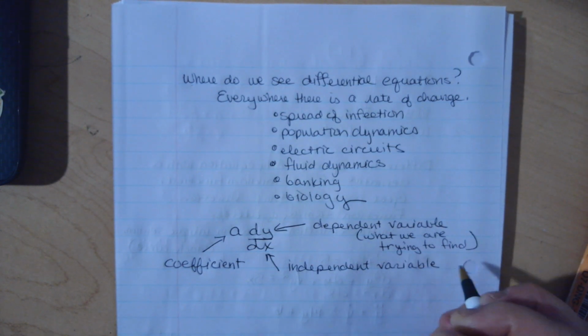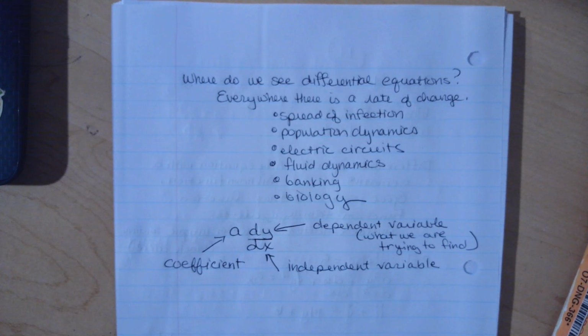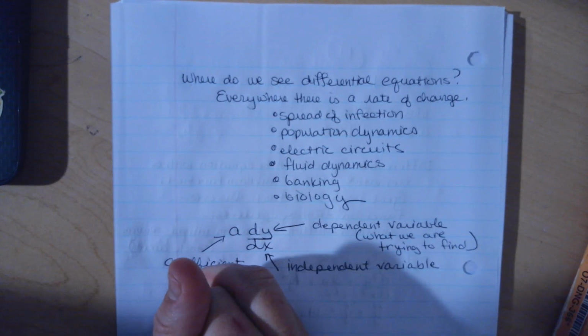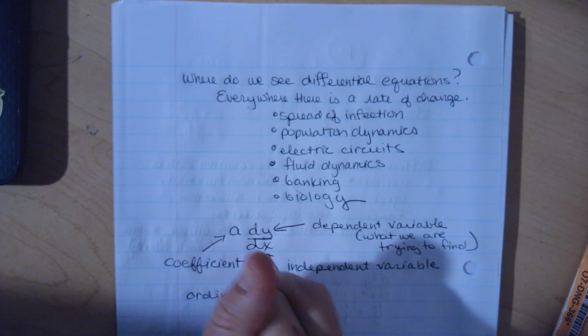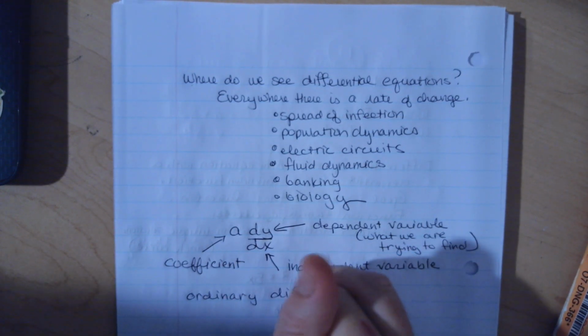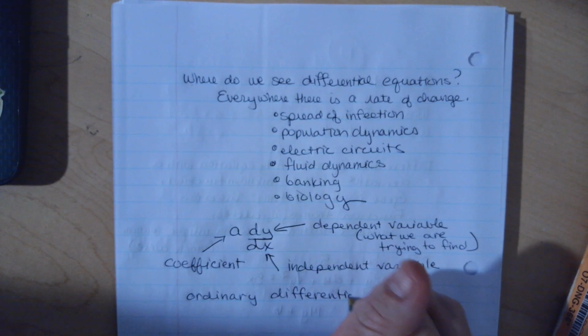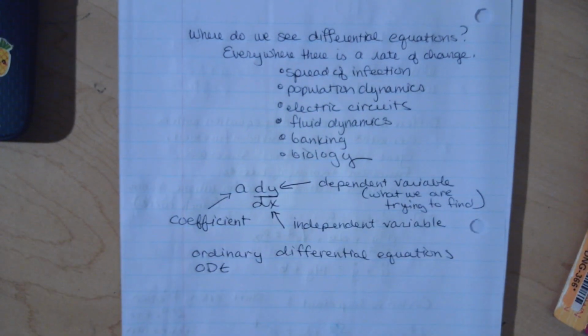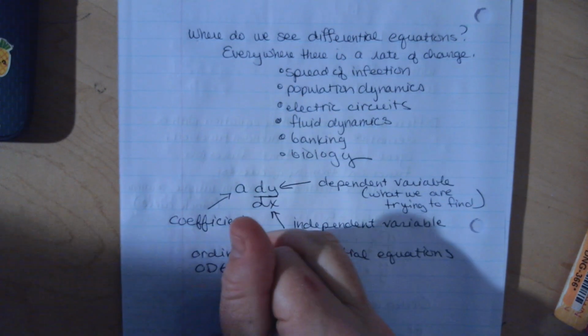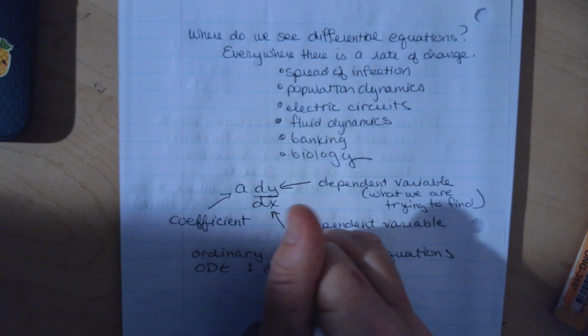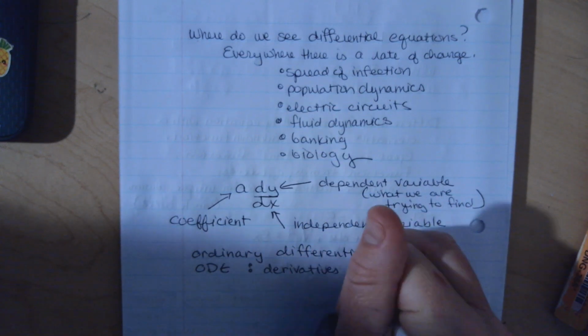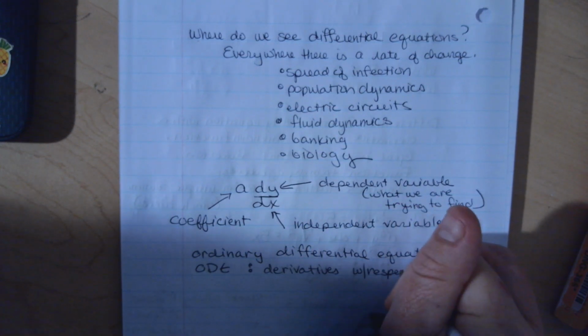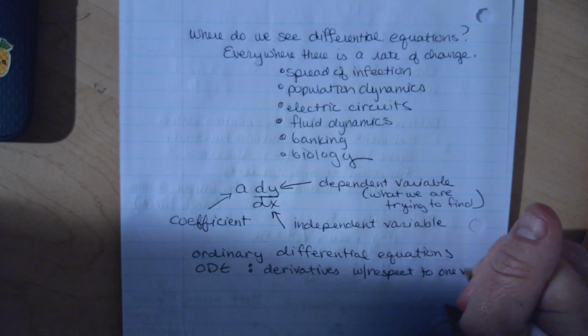It's on the x-axis, independent variable. This class is ordinary differential equations. You will also see it as ODE. And what does that mean? That means that we're taking derivatives with respect to one variable.